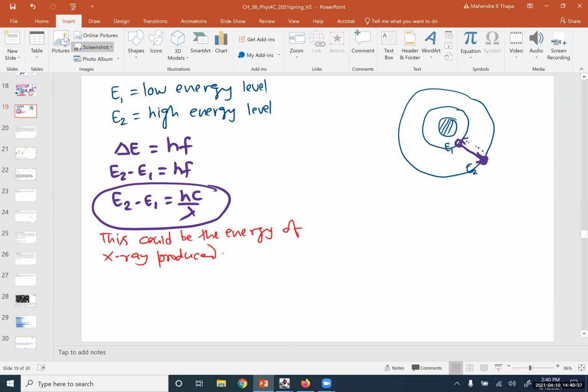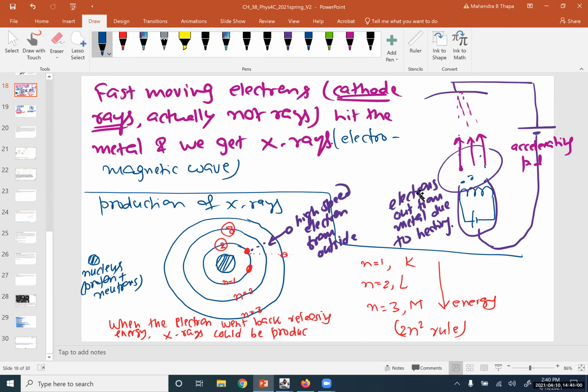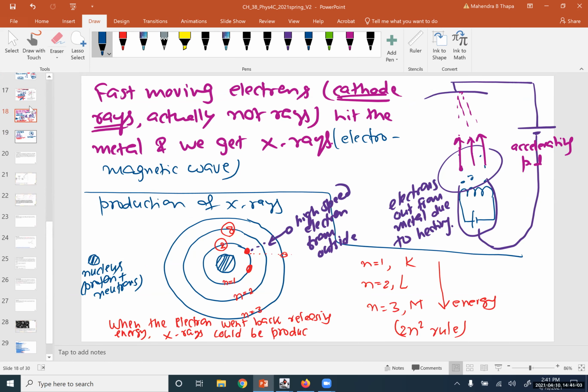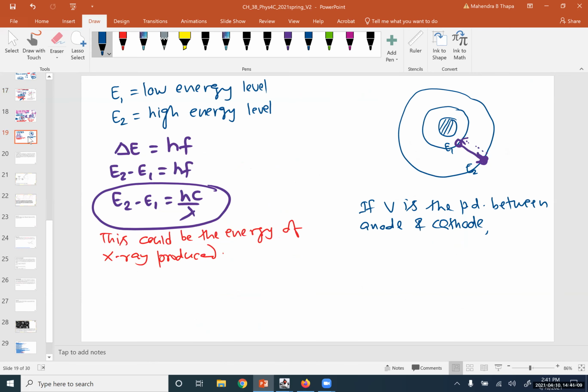Let me write somewhere: if V is the potential difference between anode and cathode, just like here in the more defined picture over here, then we can write eV, this is the work, which should be equal to the energy of photon, so we know that hf.